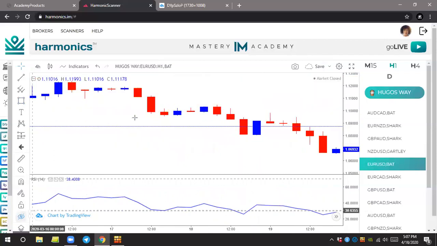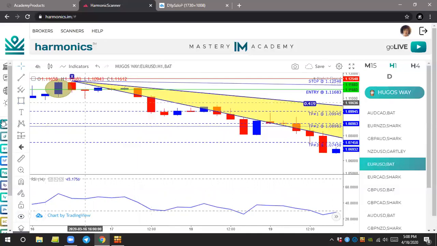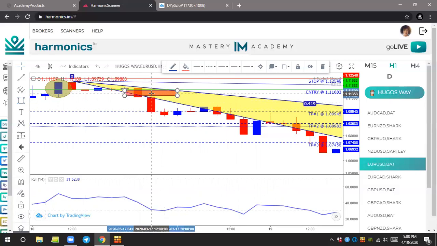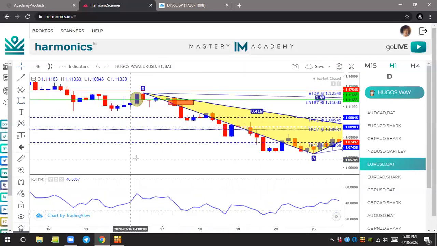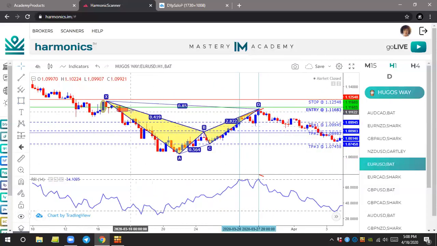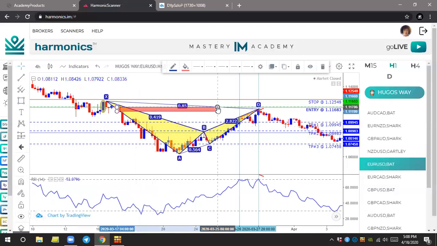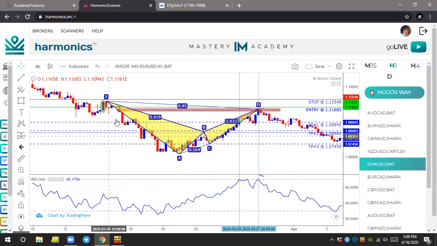From this wick to this wick right here, just empty price. There's just a gap in price here that hasn't been filled. There's no rebalancing, right? And if I was to extend this over, look at what price did.